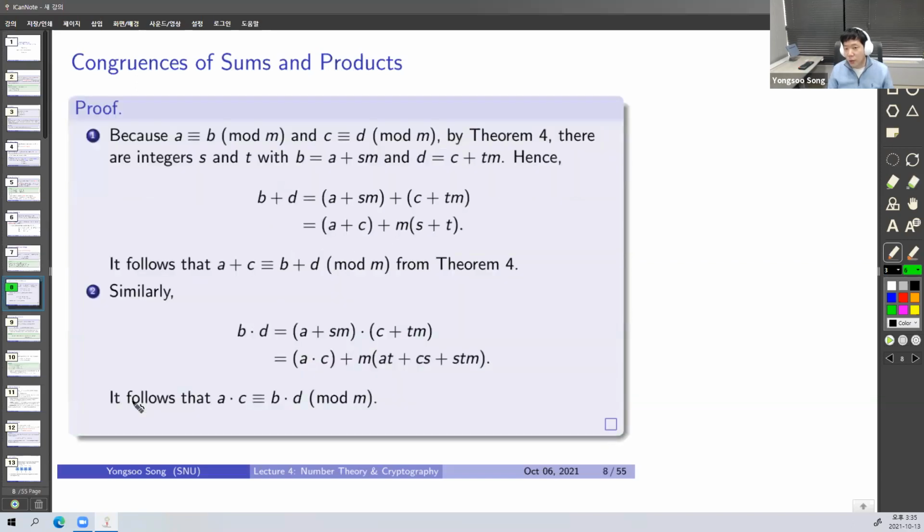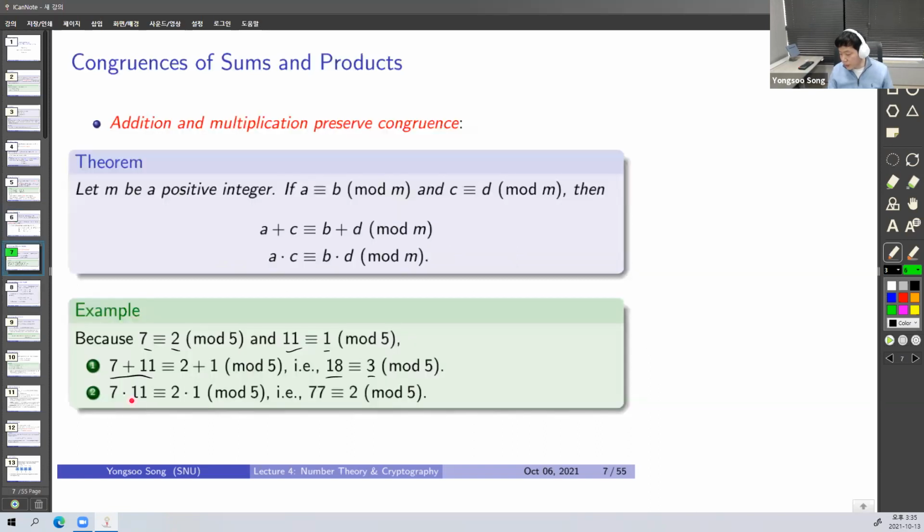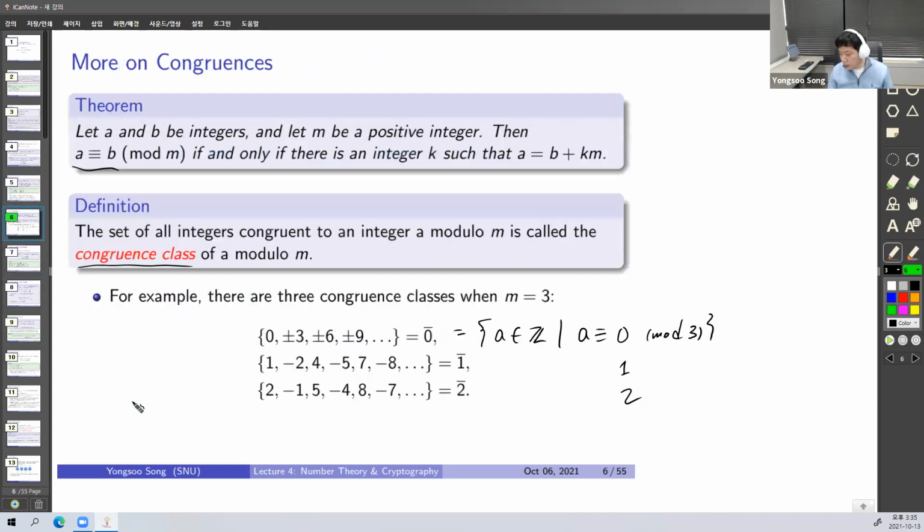The proof is very easy. We will just use the theorem we already have seen in this slide.